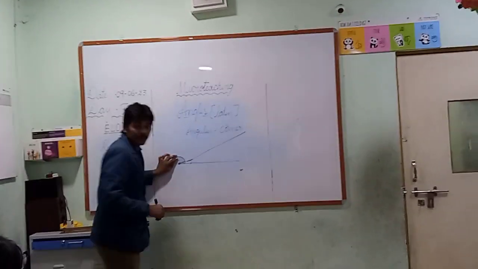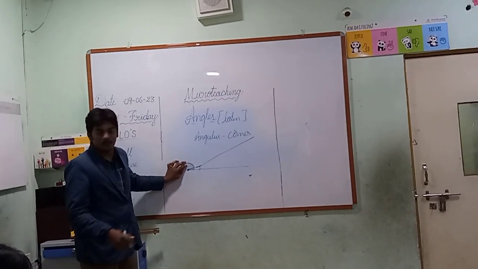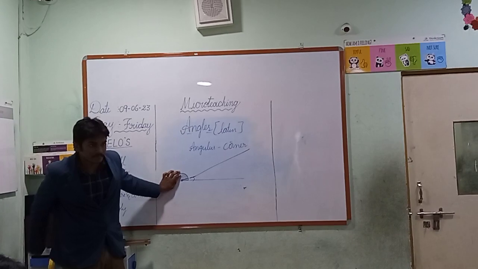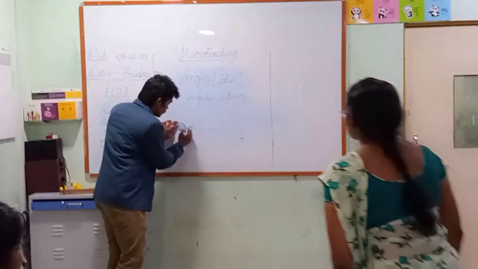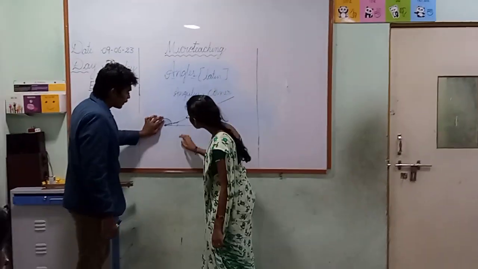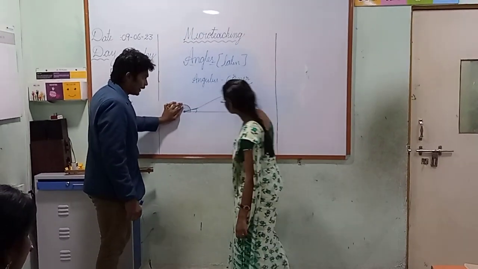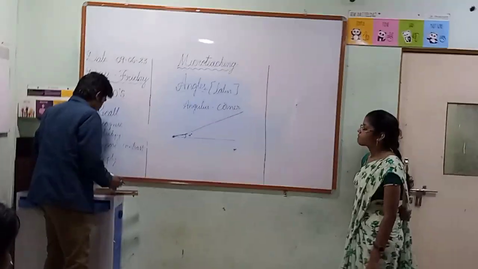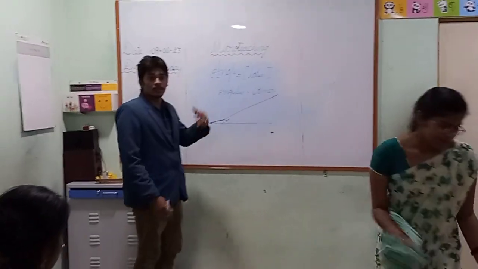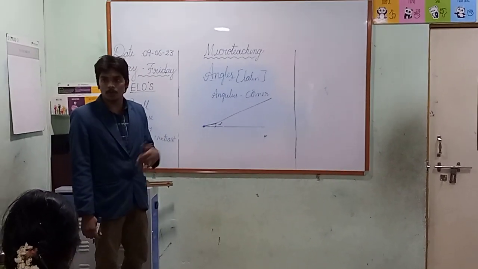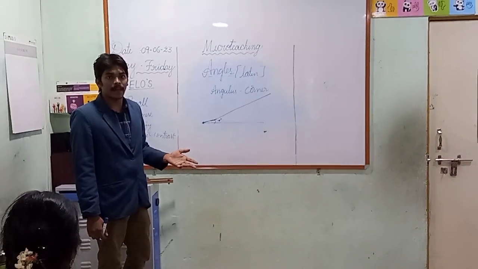I will call a person. Karita ma'am, once come here. What is the angle of this line, madam? 10 degrees. When an angle is between 0 to 90, we call it an acute angle.